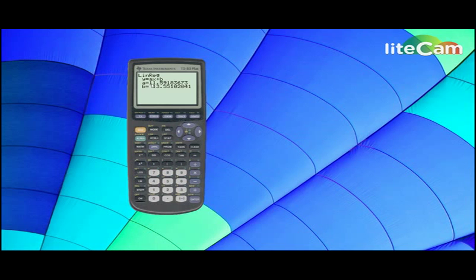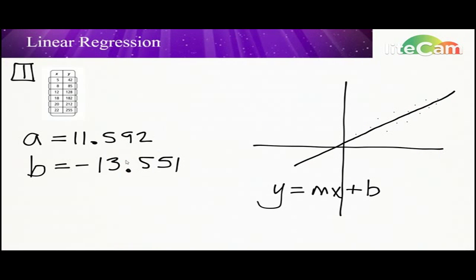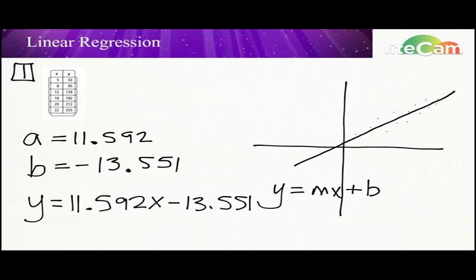All I have to do is take the number for A, put it in for A, and the number for B. So the answer to this question for number 1 is y equals 11.592x, and we don't have to do the plus, we can go ahead and make it a minus, minus 13.551. Okay, and there's our answer for linear regression. Okay, so let's try this again.